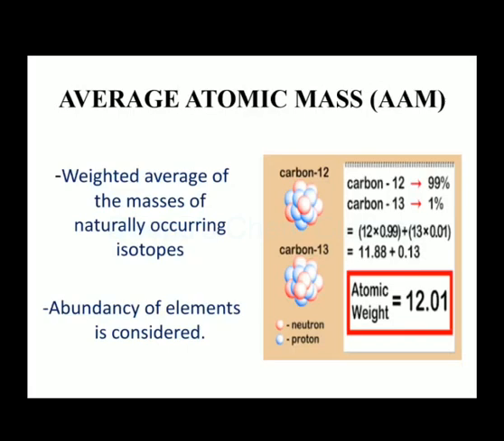So 13 into 0.01 is 0.13. 12 into 0.99 is 11.88 and 13 into 0.01 is 0.13. Just add these two values and you get the average atomic weight, which is 12.01. So while we consider the mass of carbon, we should consider 12.01 as the average atomic mass.